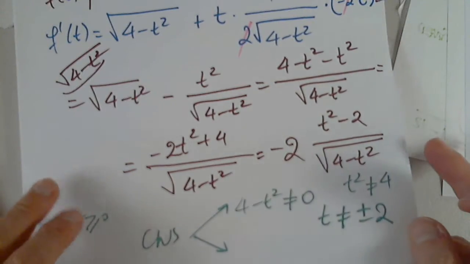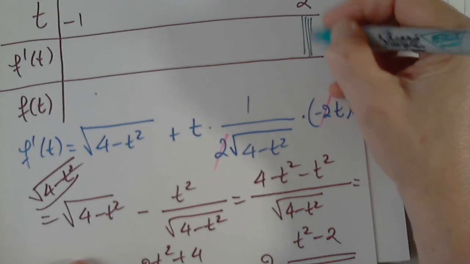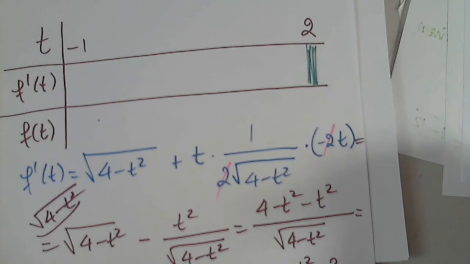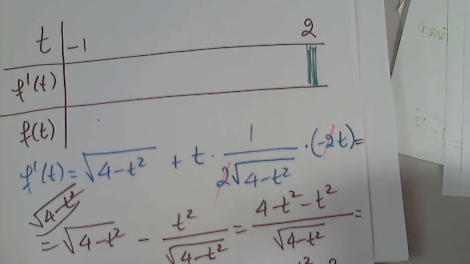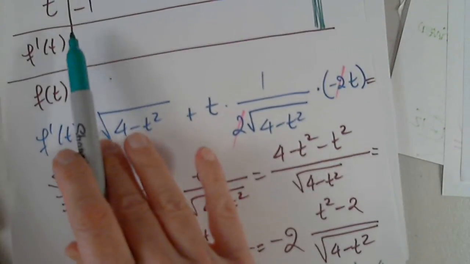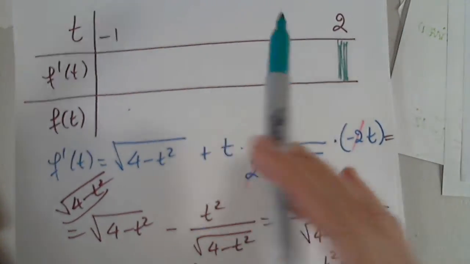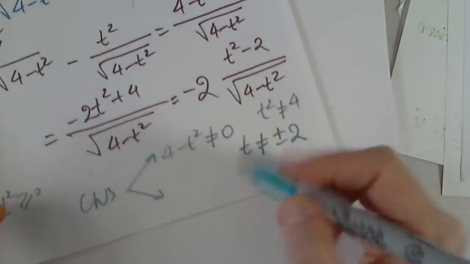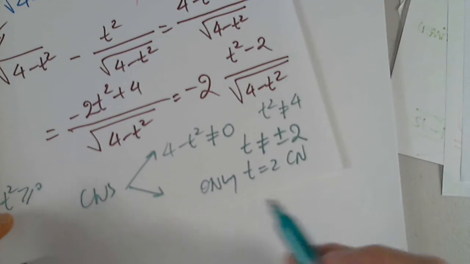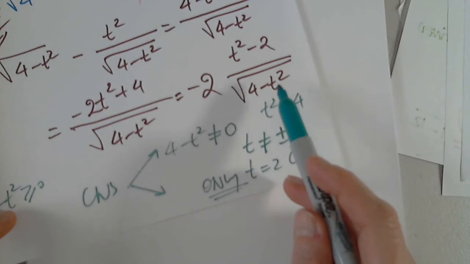So I already found one critical number. You can say, how come? Right here. This function is undefined. To show undefined in my table, I put a bar. I don't have a number underneath. I cannot put a number underneath. It's undefined. How come that I don't choose negative 2? Simply because negative 2 is not in the domain that was given to us, in the interval that was given to us. So there is no point in discussing negative 2. So I will say only t equals 2, critical number, from this source, when the derivative is undefined.